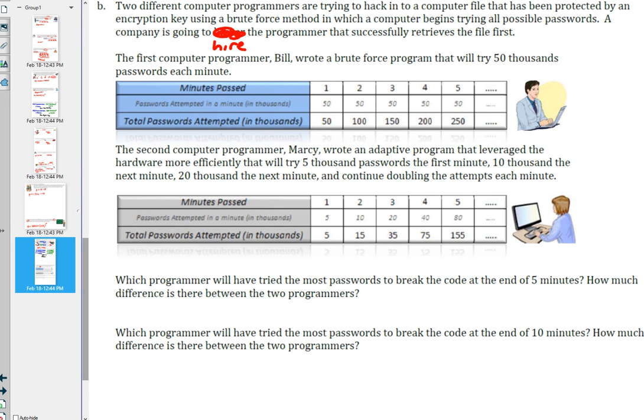The first computer programmer, Bill, wrote a brute force program that will try 50,000 passwords each minute. The second computer programmer, Marcy, wrote an adaptive program that leveraged the hardware more efficiently and will try 5,000 passwords the first minute, 10,000 the next, 20,000, and then it just keeps on doubling. Which programmer will have tried the most passwords to break the code at the end of 5 minutes?